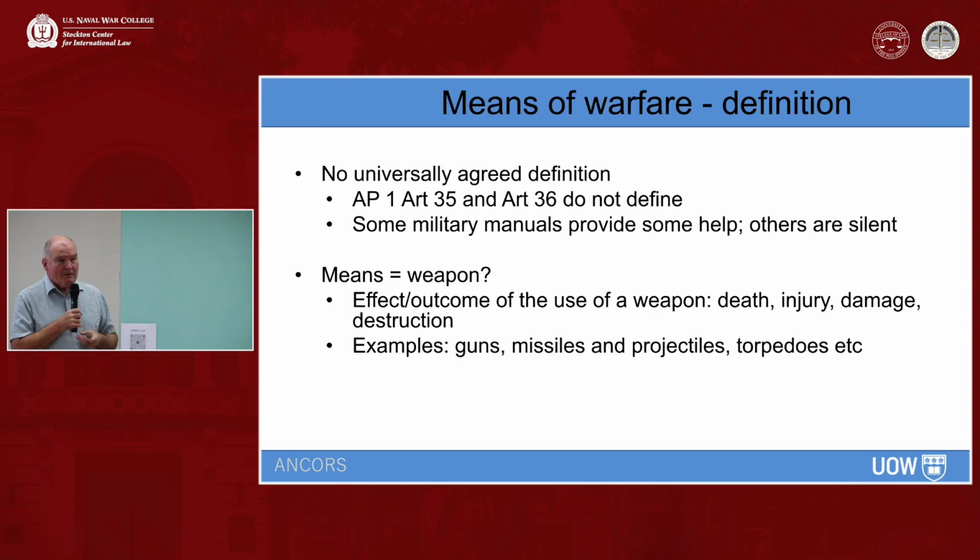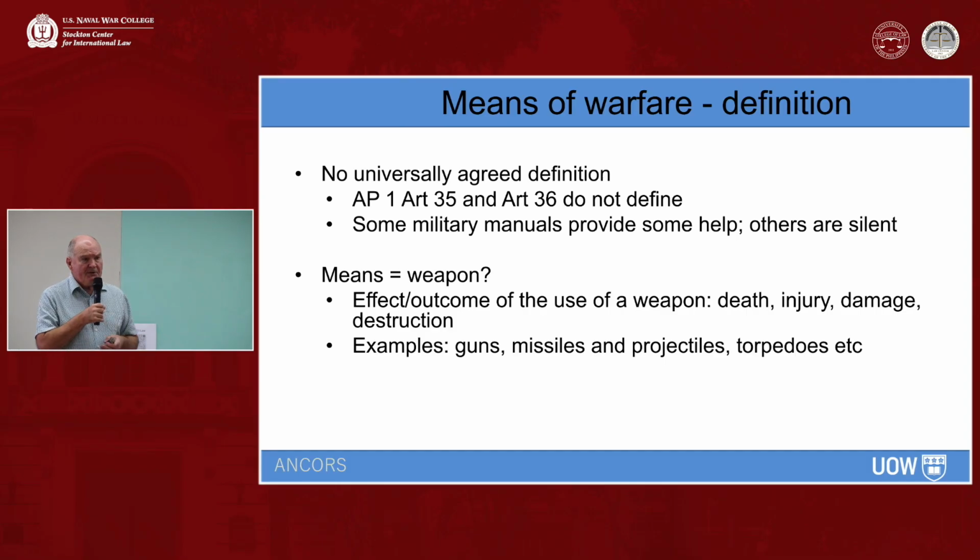First of all, this is a bit of a theme that we're dealing with here, a lack of absolute agreement and precision in trying to find a universally recognised definition of what is meant by means of warfare.